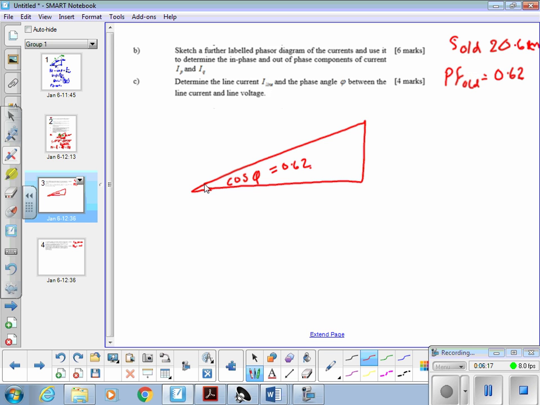We know that's a right angle. What else do we know from that triangle? How would I label those three sides? The line current, this is IL, IP and IQ.